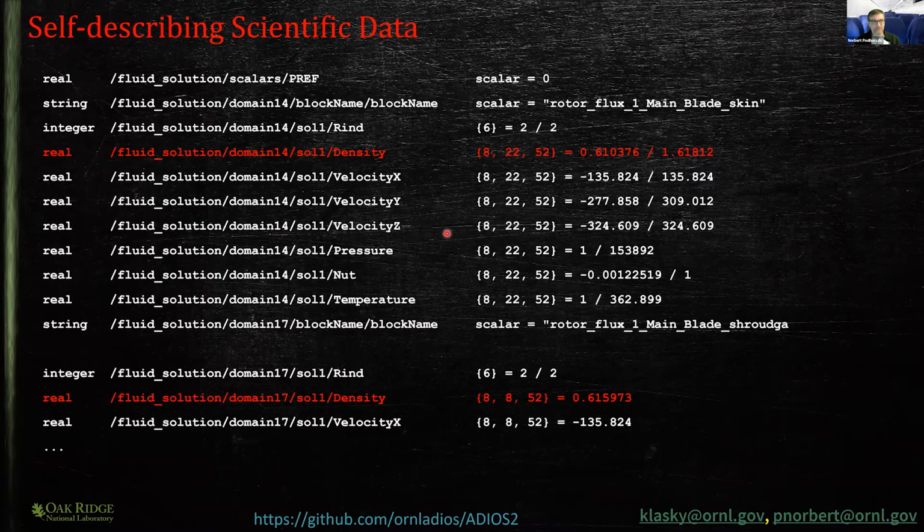So what we mean by self-describing is that it doesn't matter how the data is stored and what the file format is. A human can list the content, the list of variables and the attributes, the types, the names, and the dimensionality, and it also gives the minimum and maximum value for that array in the data set. So that is a quick overview.